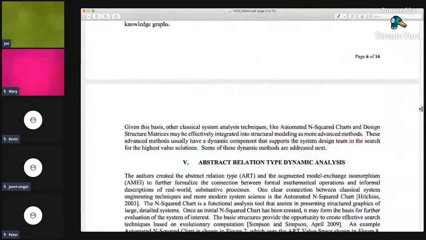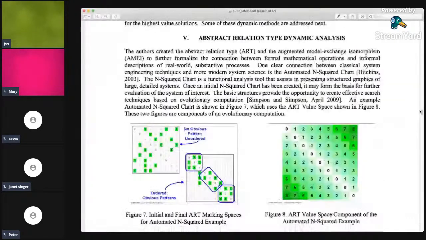All right. So now the abstract relation type dynamic analysis. As I said, about 10 years ago, we stopped doing the evolutionary programming and evolutionary type of genetic algorithms and started looking at going through Warfield's logical work in detail.